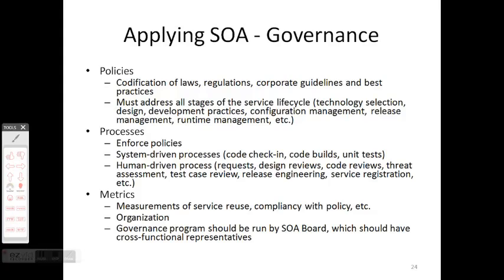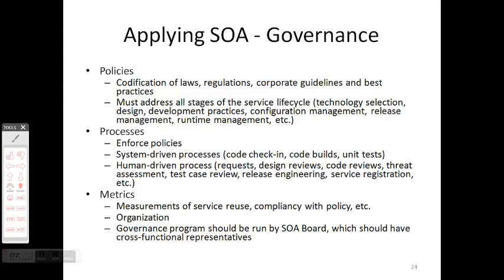We need to be codifying the law and regulations and incorporating the guidelines and best practices into services. They must address all the stages of the service lifecycle, so the governance policies have to apply in technology, in design, development practices, configuration management, and so on.